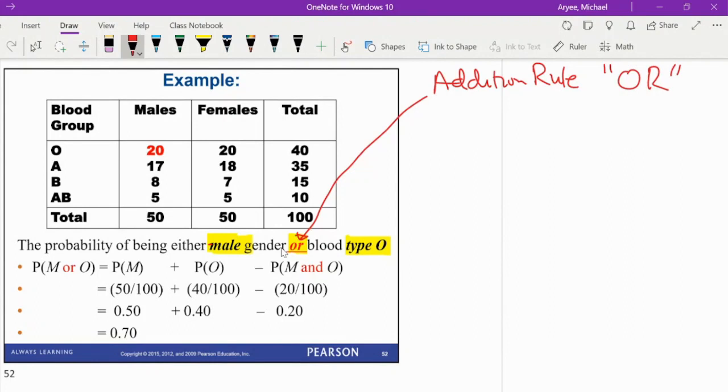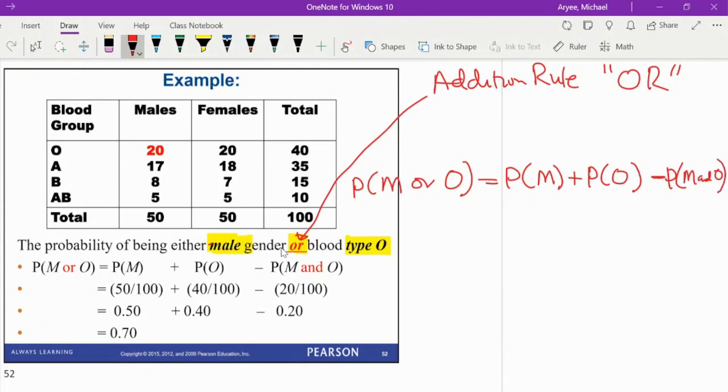So we are looking for the probability of male or type O. Now the formula says take all the males, add it to all the type O's, and then subtract the overlapping, the "and," so M and O. That is the way you should begin every OR question. Write the formula down. There should always be a plus and then a minus portion, and the minus side is the "and."